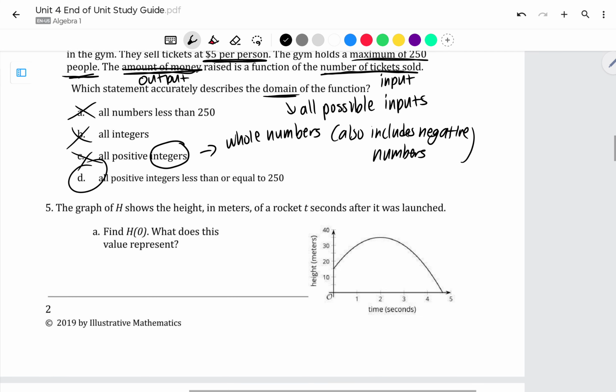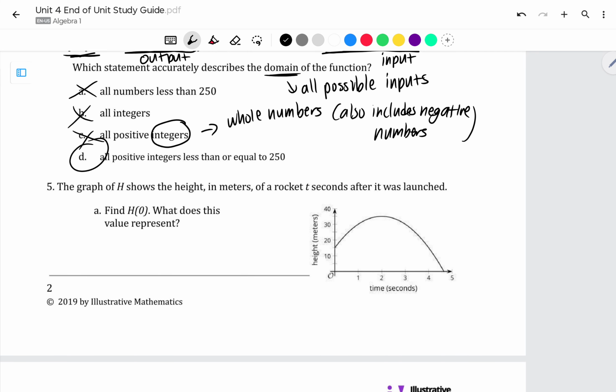The graph of h shows the height in meters of a rocket t seconds after it was launched. Find h of 0. H of 0. 0 is the input. So then at 0, they're asking you what's the output. What is the output at 0?